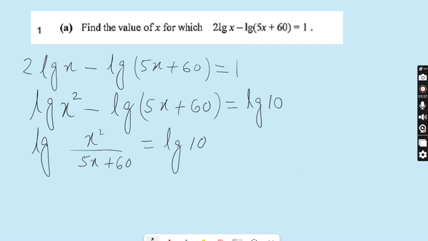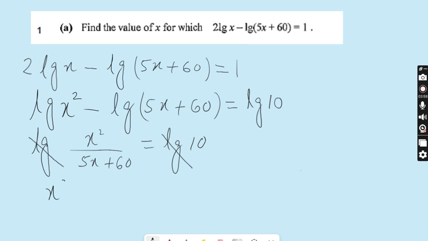So part A is a logarithmic equation. If you see 1 log on the left hand side and 1 log on the right hand side, and the bases of both logs are the same, then you can cancel both logs directly.